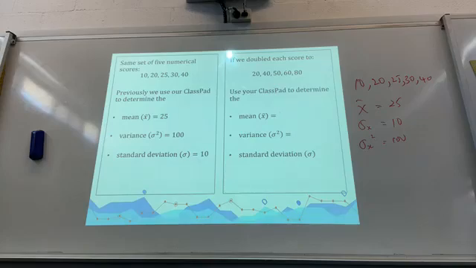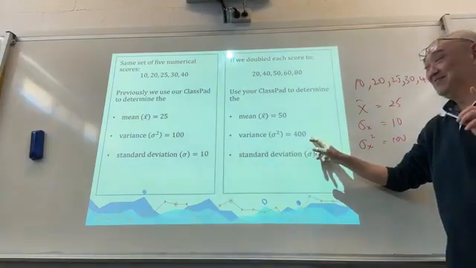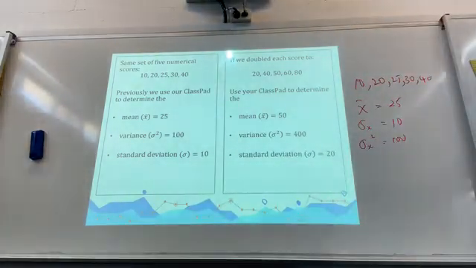Is it 400? 20 squared is 400. How did you go from 100 to 400? 2 squared, times it by 2 squared, times it by 4.